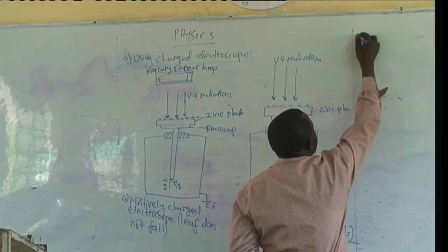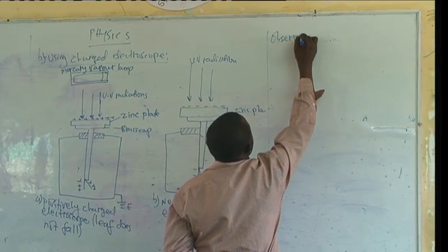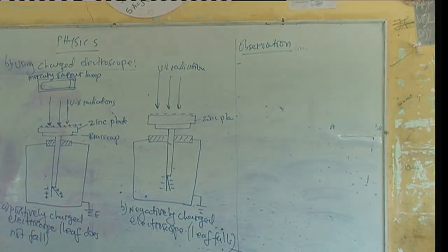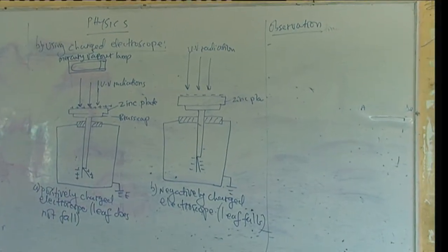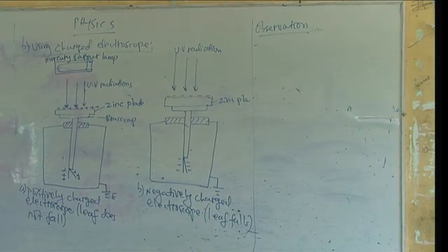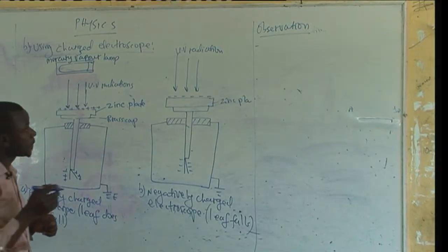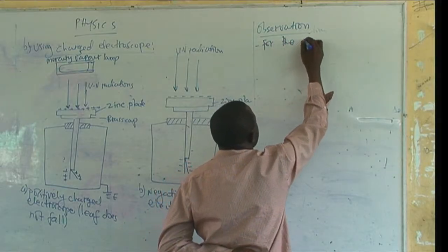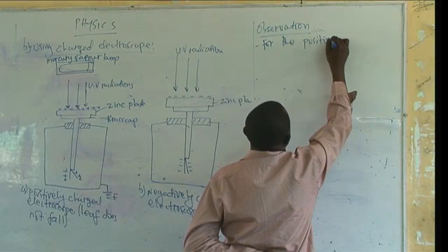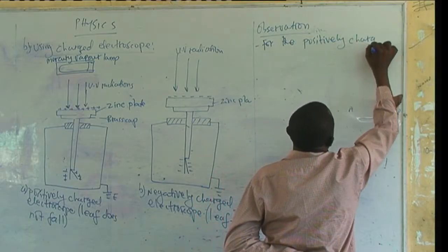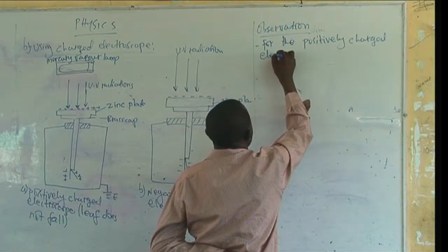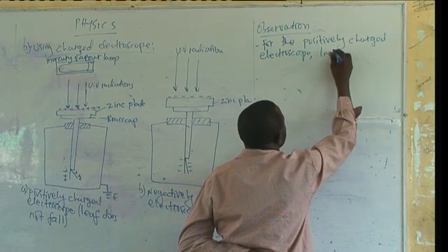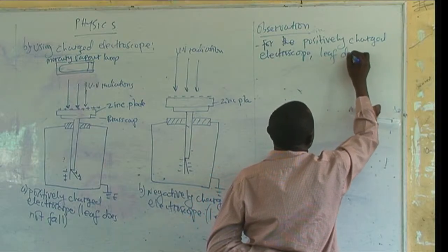So let us have the observation here before we explain, regarding the two diagrams that I've just drawn. We are saying that for the positively charged electroscope, leaf divergence remains the same.